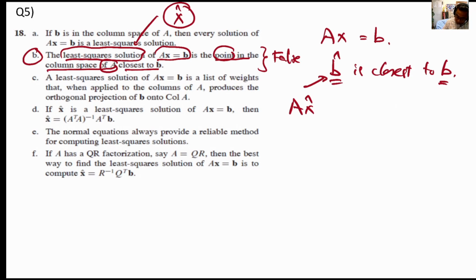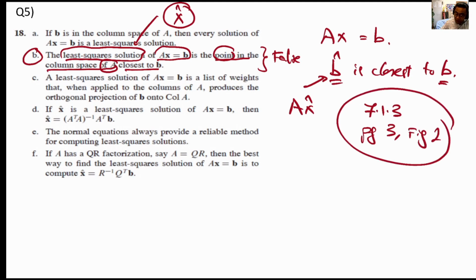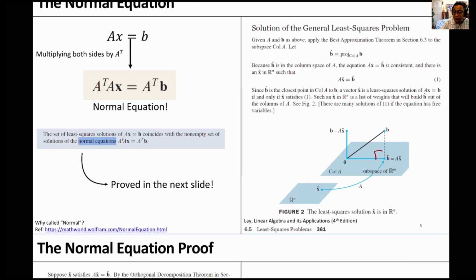To see our slides, please refer to 7.1.3, page number 3, figure number 2. Let us now go to this slide. This is the slide we are talking about in page number 3 of section 7.1.3.